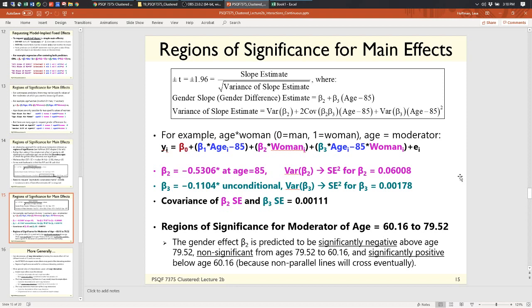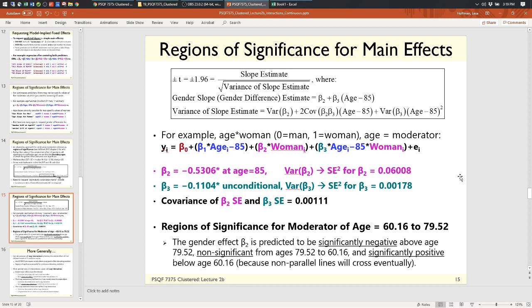So in this case, let's put the gender effect on the x-axis. So we have men and we have women, and at age 85, there's a negative slope. We know that it gets more negative as age increases. We know that it gets less negative as age decreases. If you follow this trend, for every year older, the gender effect becomes stronger by 0.11, more negative.